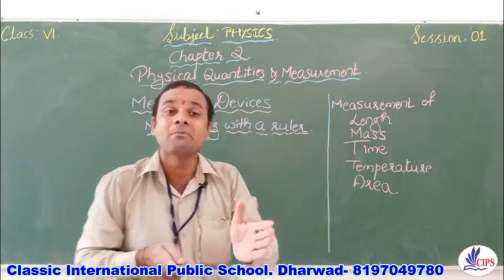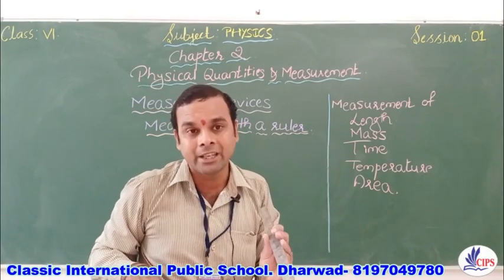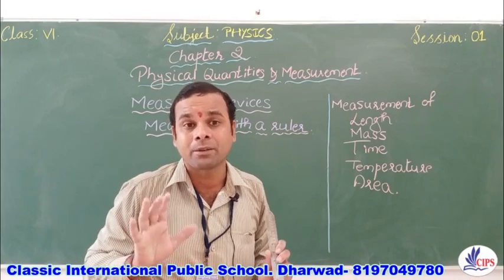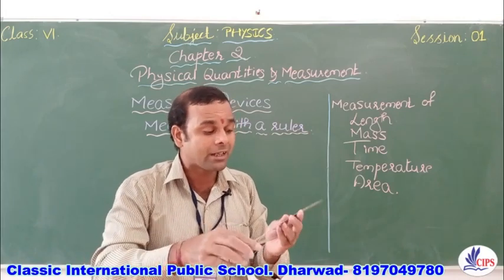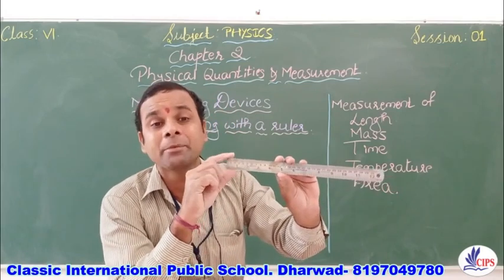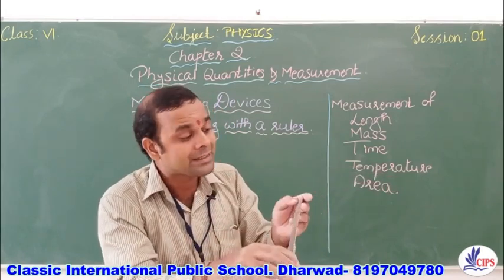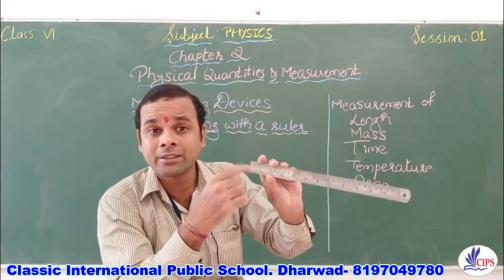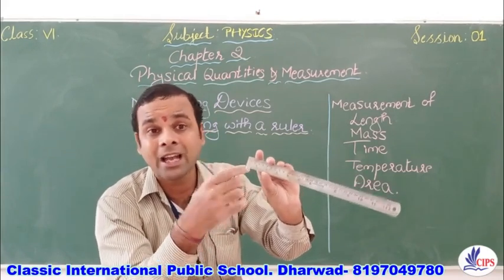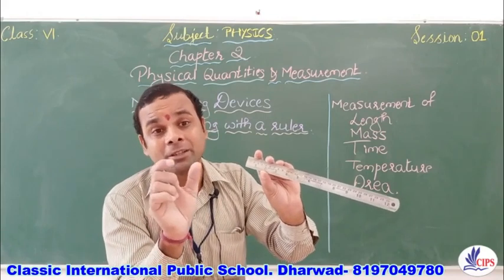So when you are making a measurement using the inch scale, you must know what each tick mark stands for. Similarly, let us consider the centimeter scale. Centimeters and inches are different measurements. Clear?